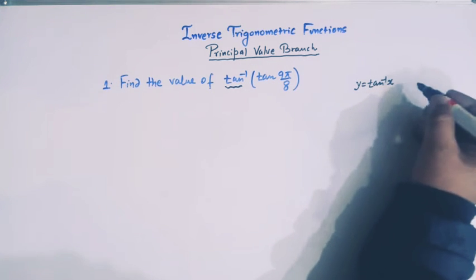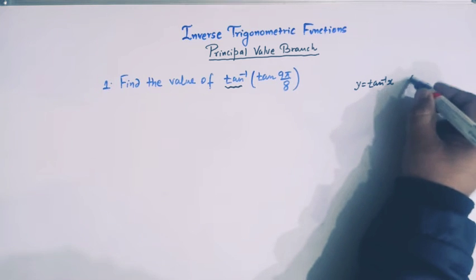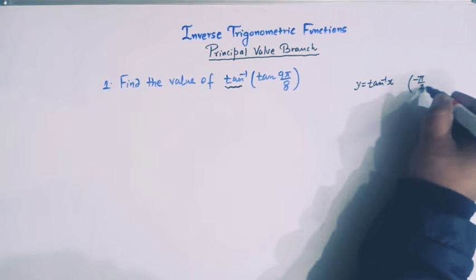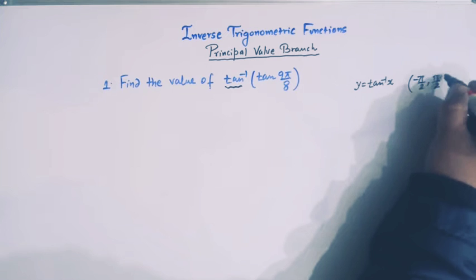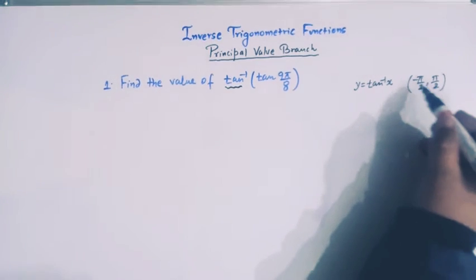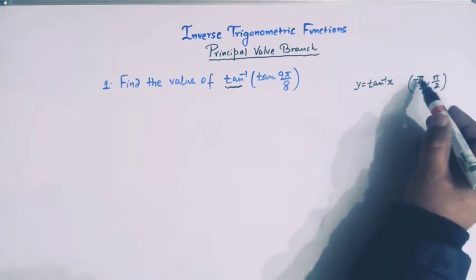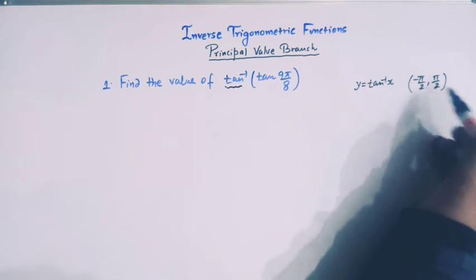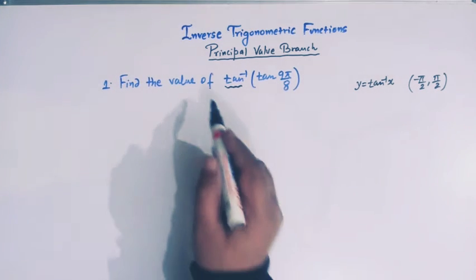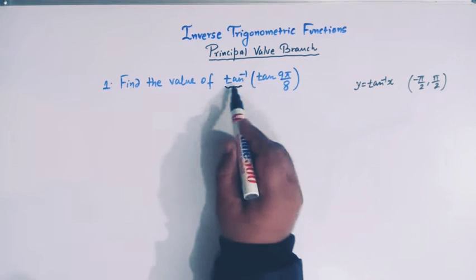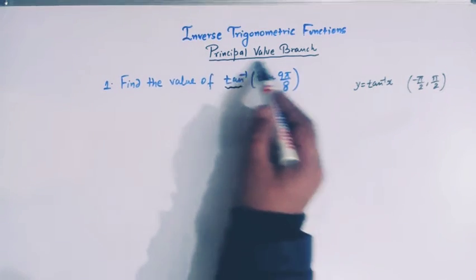lies in the interval minus pi by 2 to pi by 2. This is the open interval from minus pi by 2 to pi by 2. Now we have to find the value of this expression.